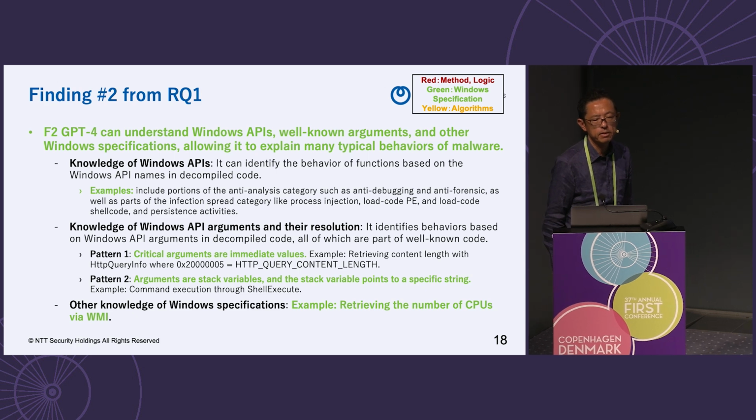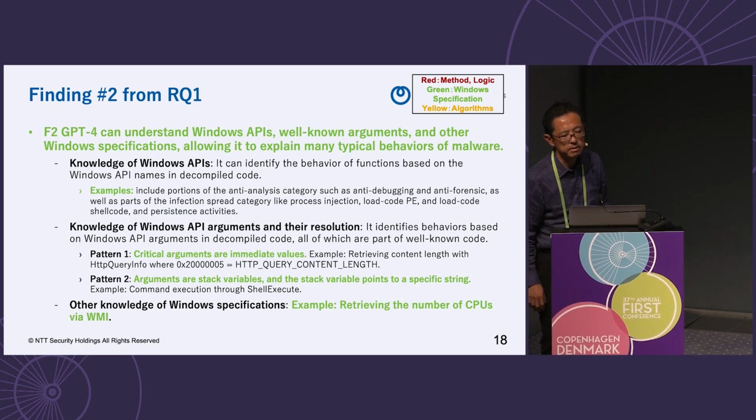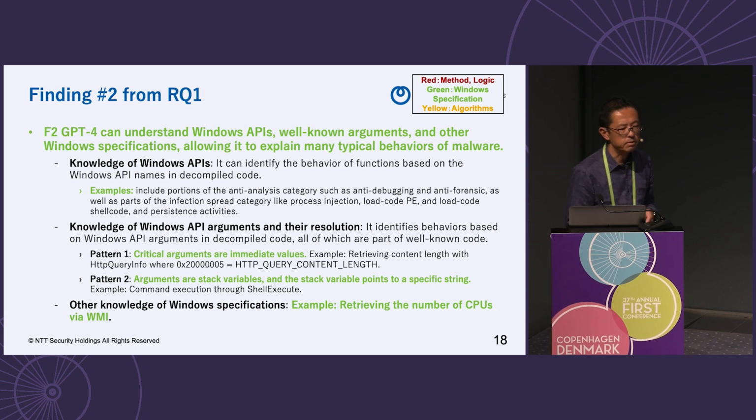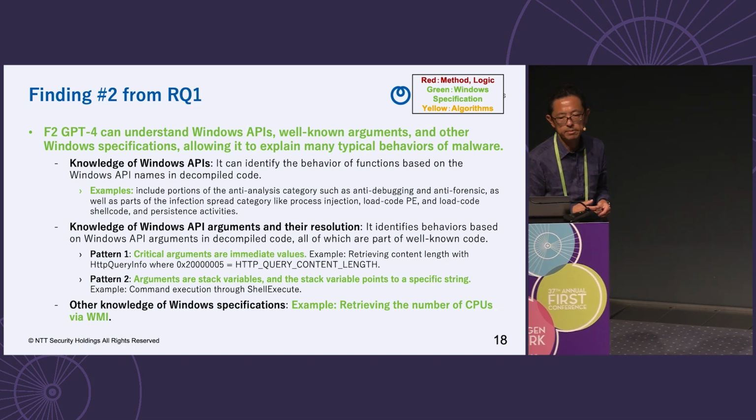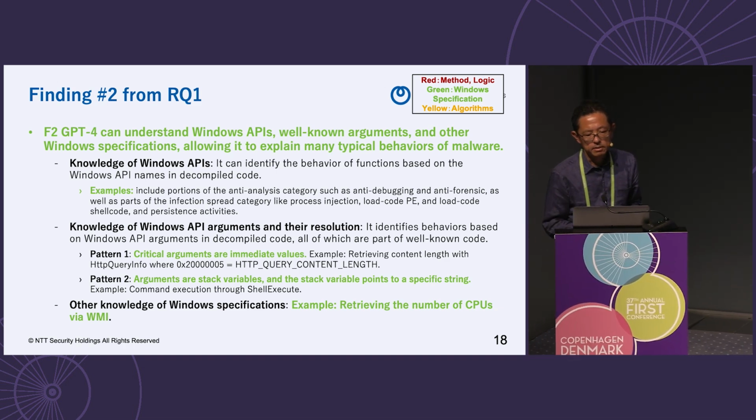Okay, finding 2. Finding 2 is green, so related to Windows. GPT-4 can understand Windows APIs, well-known arguments, and other Windows specifications, allowing it to explain many typical behaviors of malware. There are 3 points also.